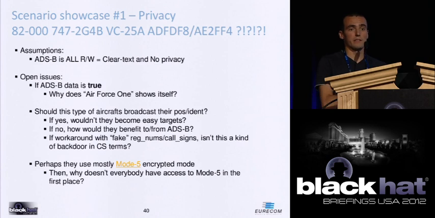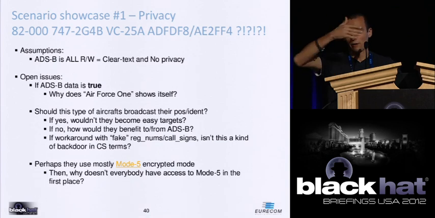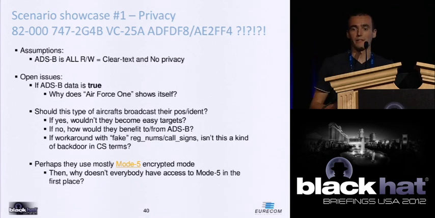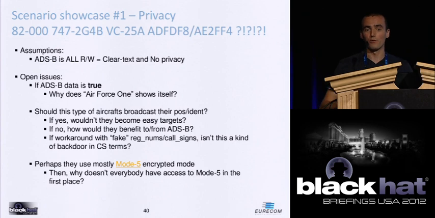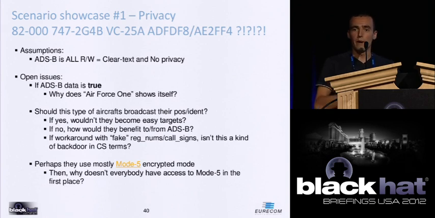If there are workarounds where they use fake registration numbers, or fake plates as in old scenarios where they put fake plates on government cars, then isn't this like a backdoor in the system? Wouldn't this be possible for other aircraft to use the same backdoor and to use fake call signs, fake addresses, and so on? Because it's clear text, it cannot be verified.